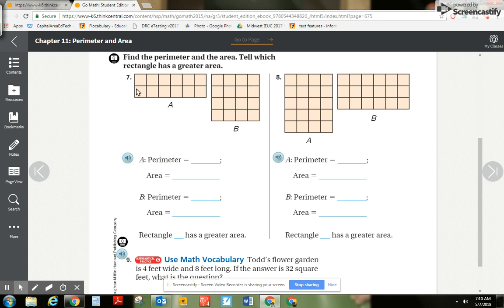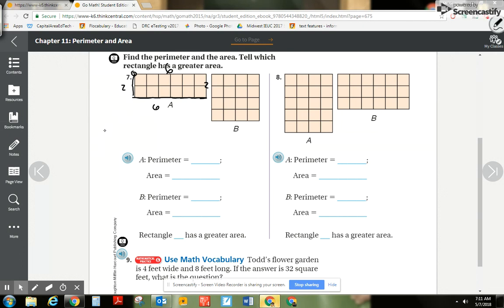So perimeter of A, go ahead, show me where you start. So it's 1, 2, and then 1, 2, 3, 4, 5, 6. So if that's 2, that's 6. This is 2, then this top part is 6. I can add these together. I could do lots of different ways.